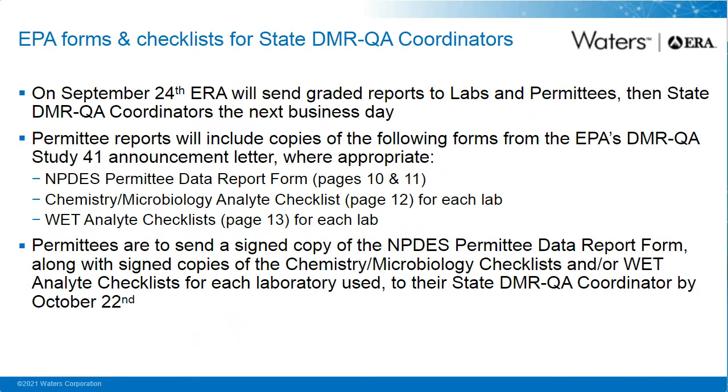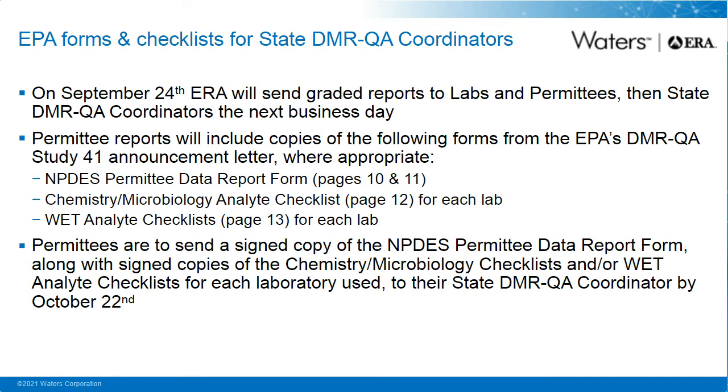Today, it seems a long ways off, but on September 24th, ERA will send the graded DMR-QA 41 reports to labs and permittees. We'll then send reports to the state coordinators the next business day. Permittee reports will include a copy of the following forms from the EPA's DMR-QA Study 41 announcement letter, where appropriate for your situation.